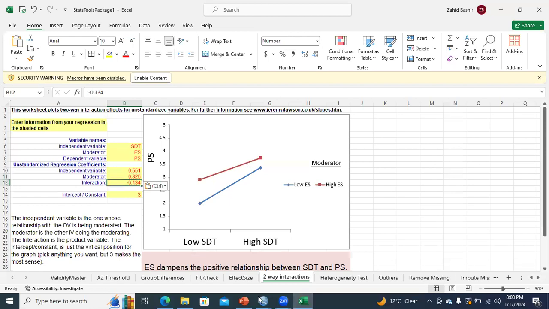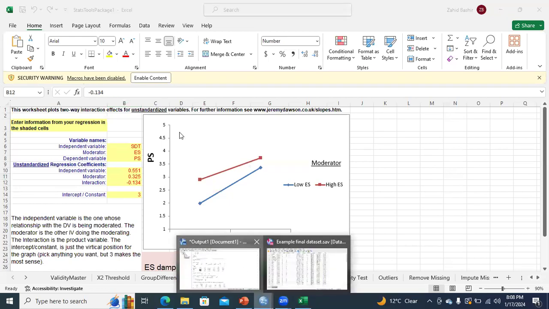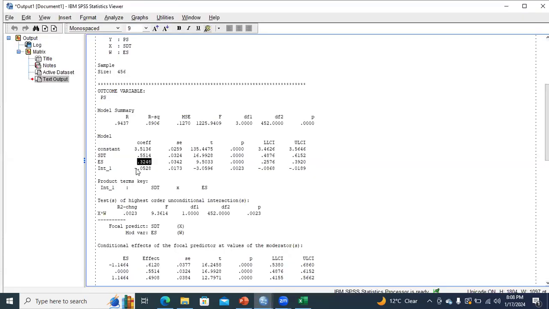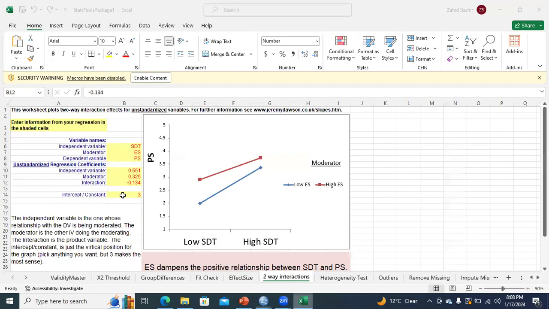You can see here the value of interaction, this value. This is basically the interaction term value, your moderator interaction. So copy just the interaction and you need to paste over here. Yes.